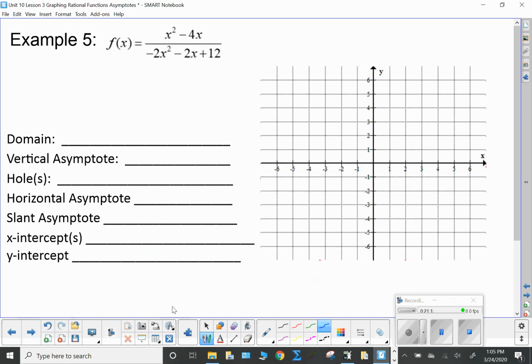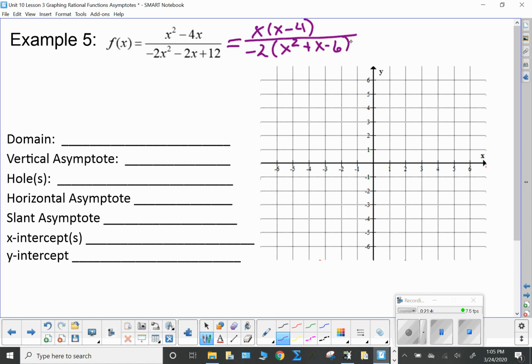We are up to example 5. Okay, you've got the domain. Ooh, before I can start doing the domain, guess what I've got to do? I have to do a little factoring. In the numerator, I have a common factor, x: x times x minus 4. In the denominator, I can take out a negative 2. That leaves me with x squared plus x minus 6.